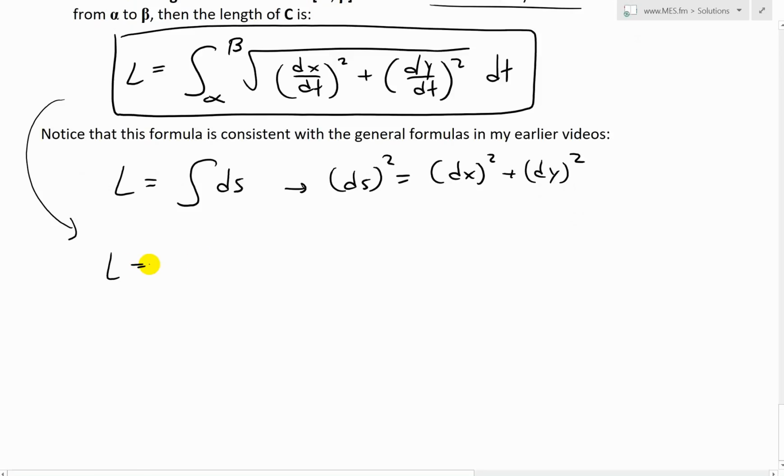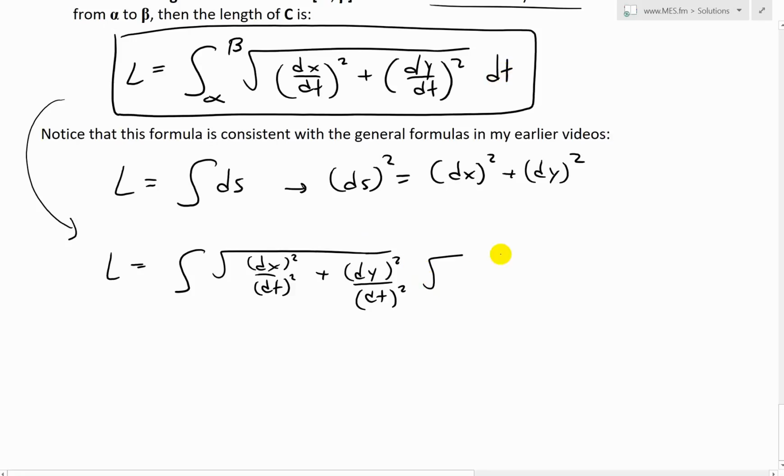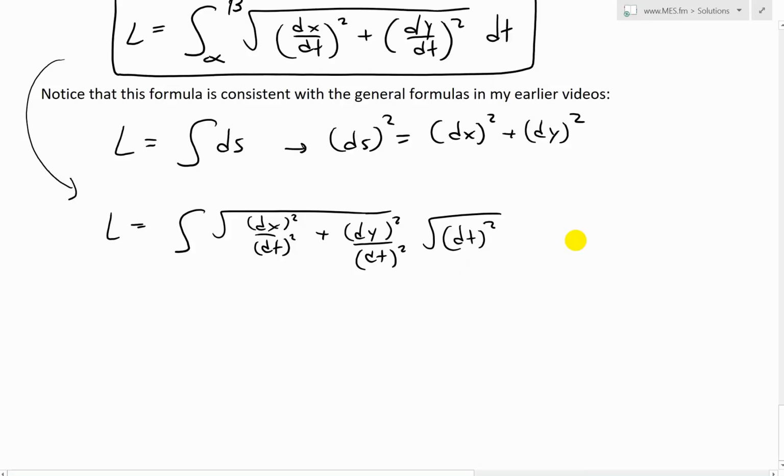We have L is equal to, for example, the integral, I'll just ignore the interval from there. So we have this dx over dt, I'll square these both sides, and then plus a dy over dt squared, and then this is dt. We could just square root and then dt squared like that, just so that it's the exact same thing.